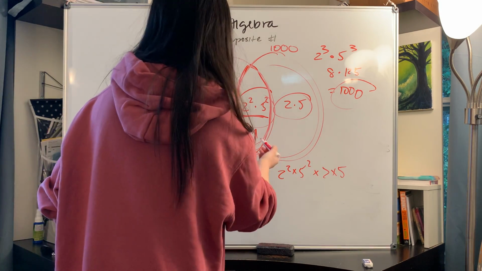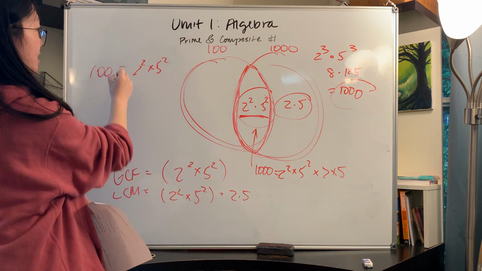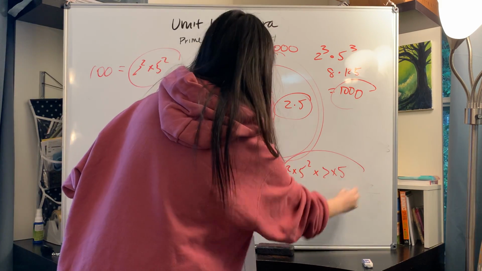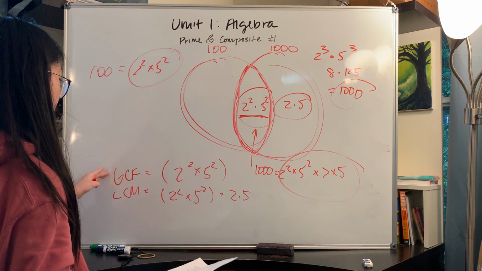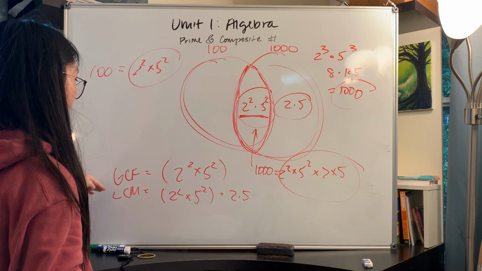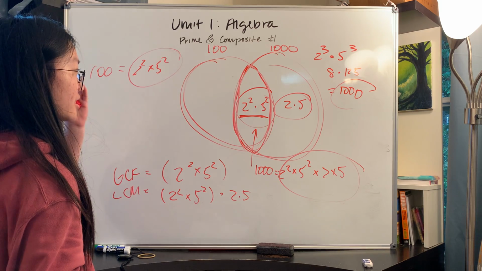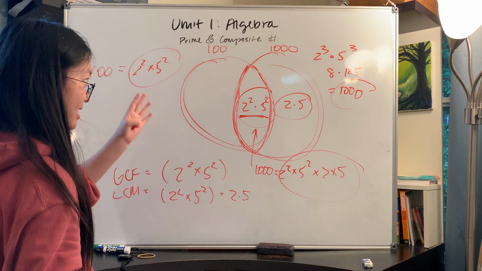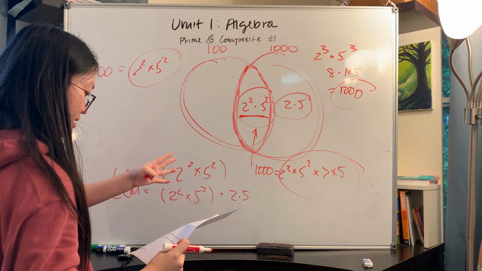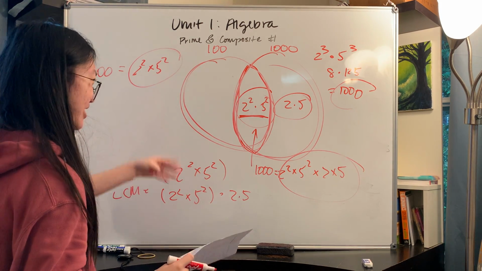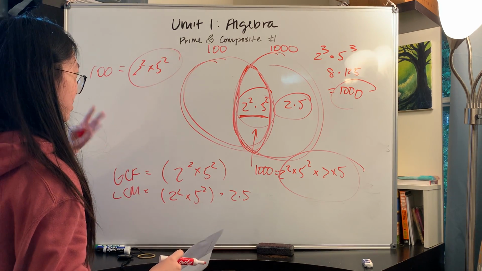So if we multiply these together, then by multiplying the greatest common factor by the least common multiple, you'll get the product of these two numbers. Or sorry, the product of these two numbers, not the square. But yeah, the product of these two numbers.